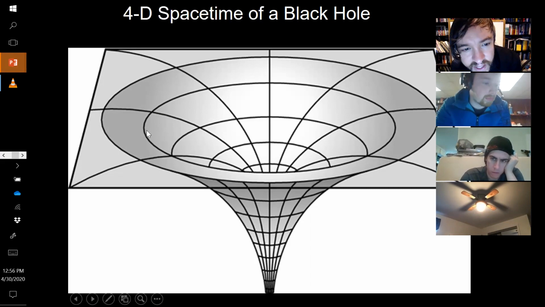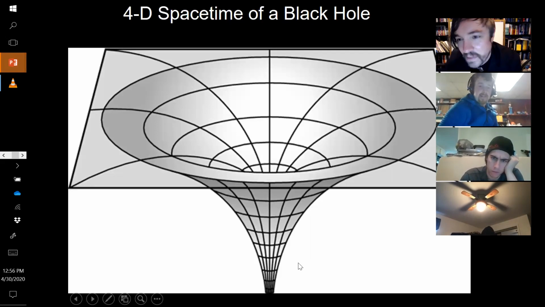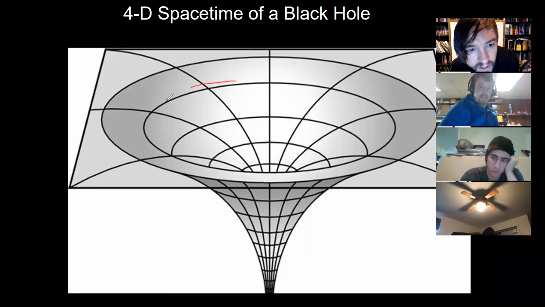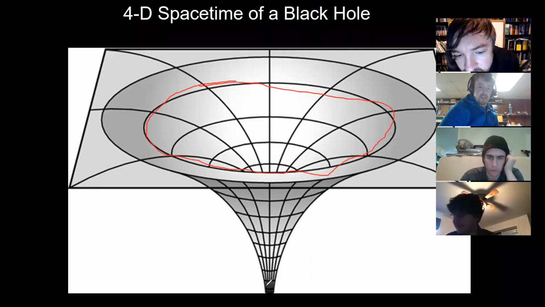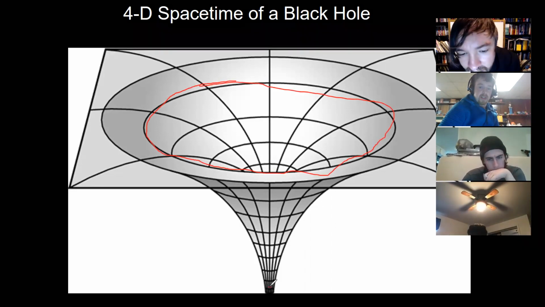So this circle here is supposed to actually be a sphere, and you're curving the 3 dimensions of space into some other dimension like time. However, Nathan, it's clear to me from looking at this picture that in essence, the 3-dimensional component of the black hole is spherical. This is for a non-rotating black hole.